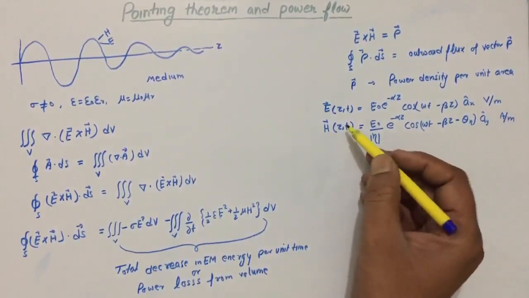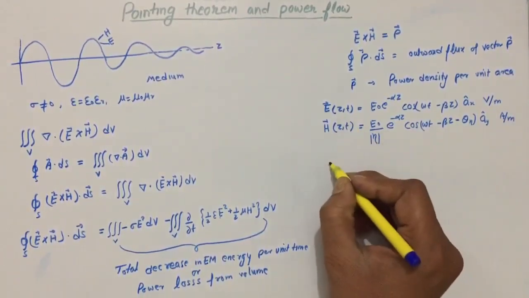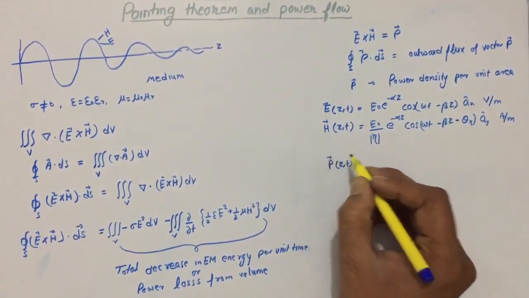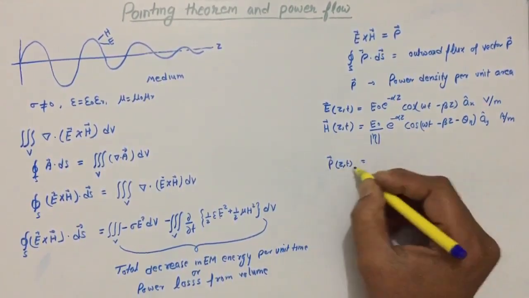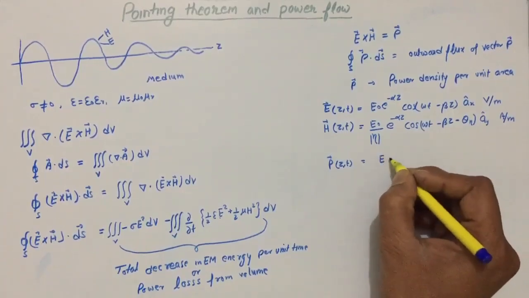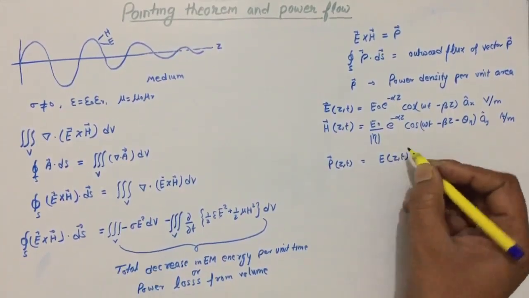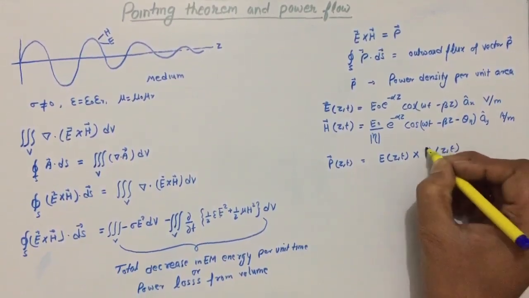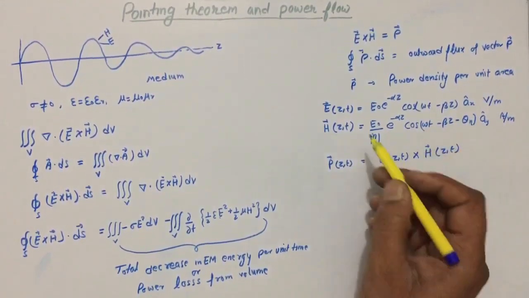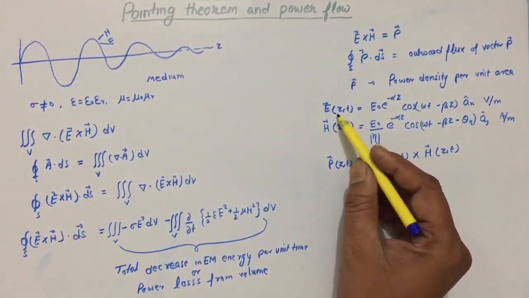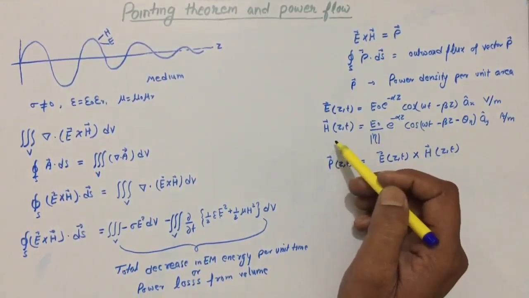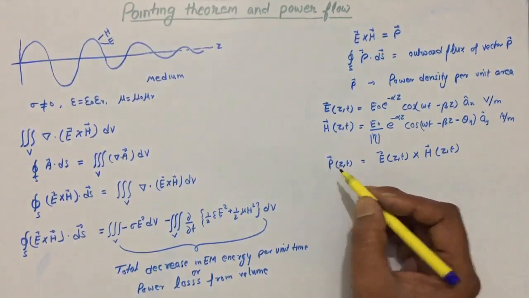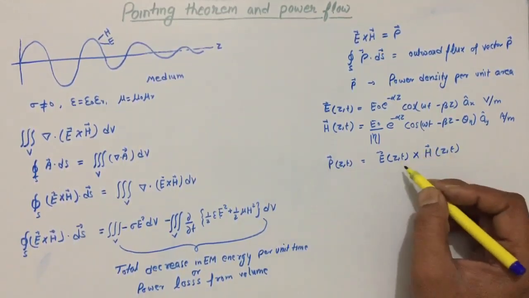Okay, so we can write P as E cross H. The instantaneous value of E can be written like this, the instantaneous value of H can be written like this. Then we can write the instantaneous power like this.